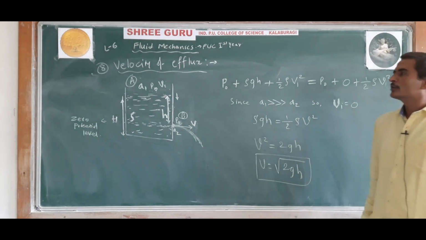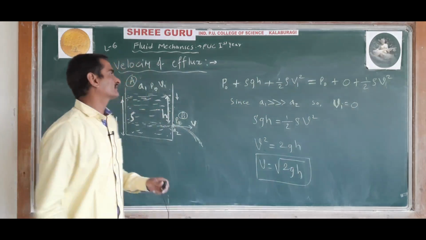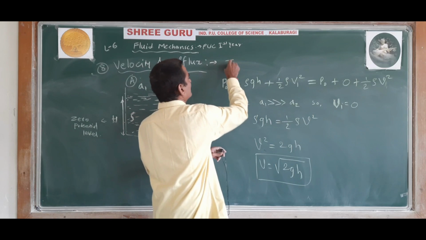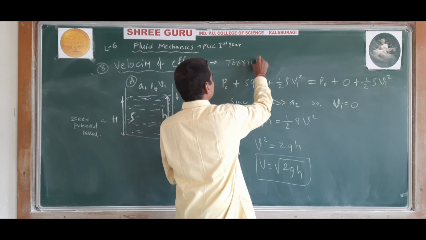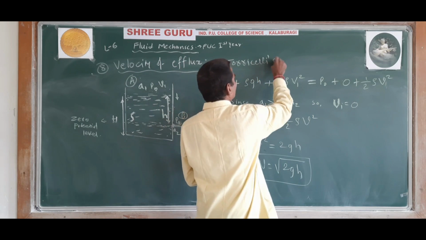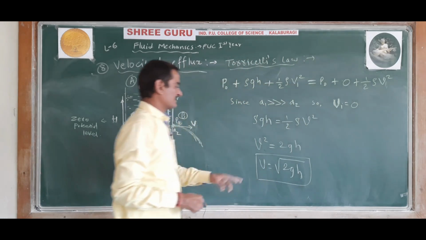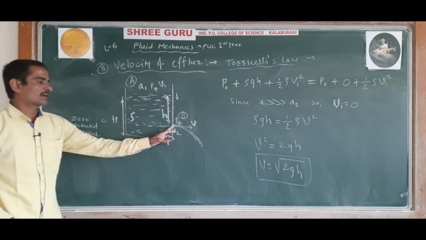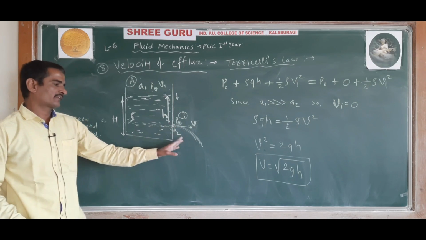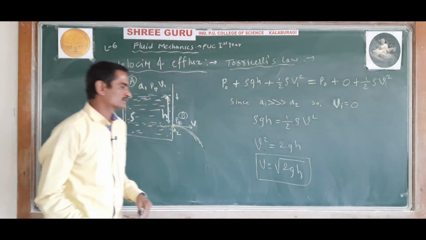This is also called Torricelli's law. That is, the velocity of the liquid coming out of this small orifice is equal to the under root of 2gh.